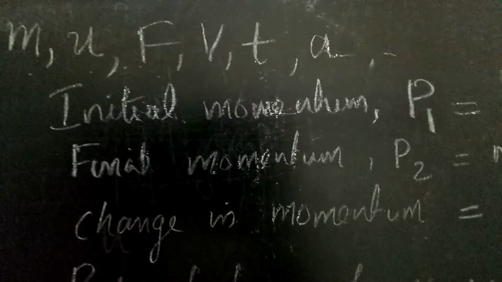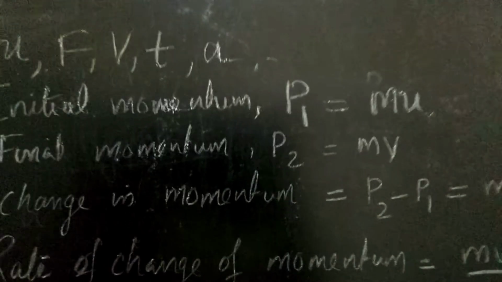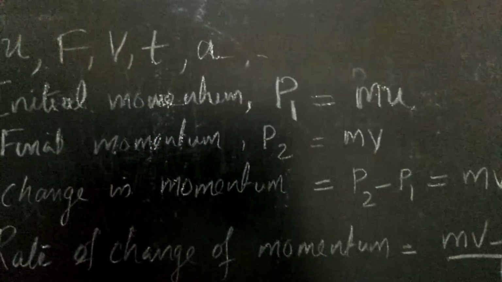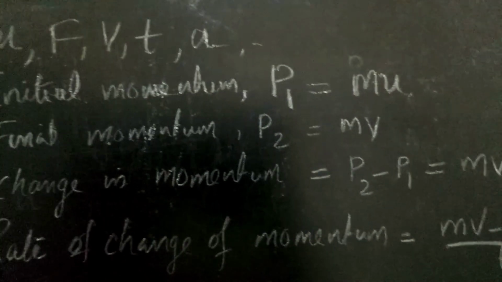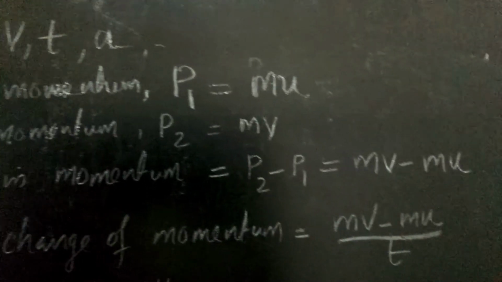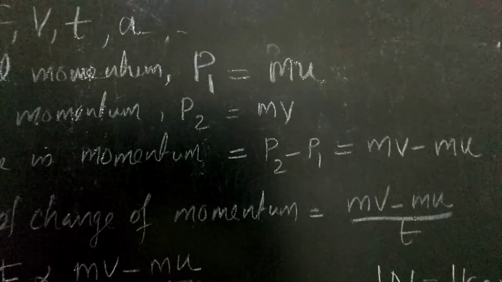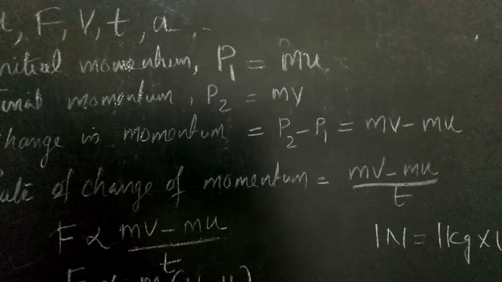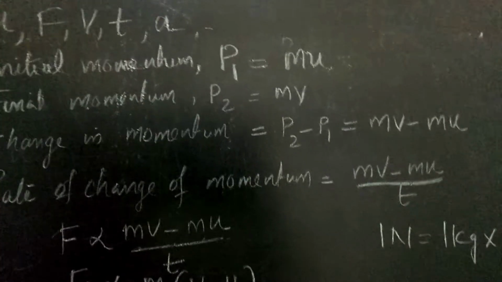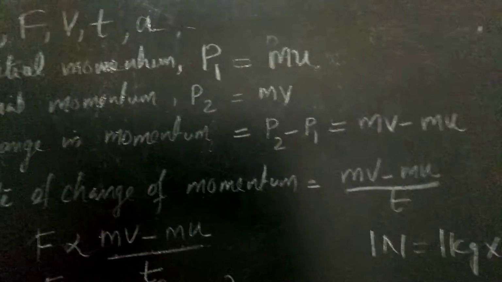Initial momentum P1 is equal to mu. Final momentum P2 is equal to mv. Therefore, change in momentum P2 minus P1 is equal to mv minus mu. Rate of change of momentum means change in momentum divided by t, so mv minus mu by t.